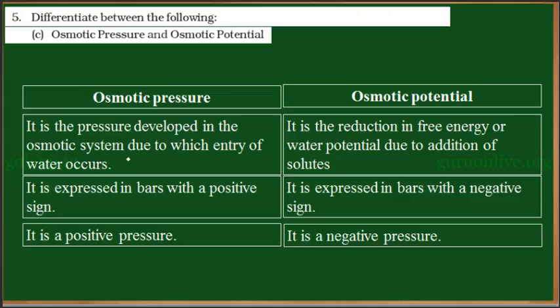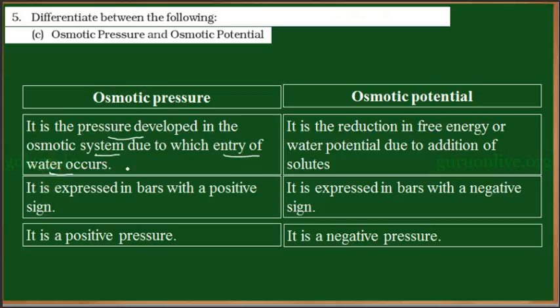Now here, osmotic pressure: when we add solutes to the water, that is to the solution, the solute combines with the water and it forms a solution. So the movement of these solutes creates a pressure, it develops a pressure in the system, and this allows the water molecules into the system, and this induces the entry of water.